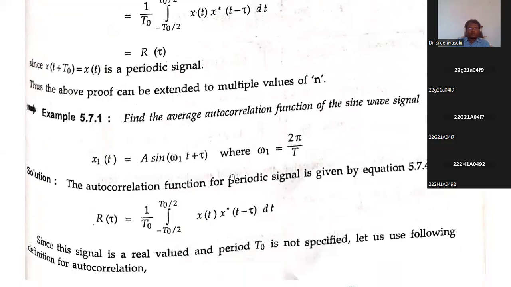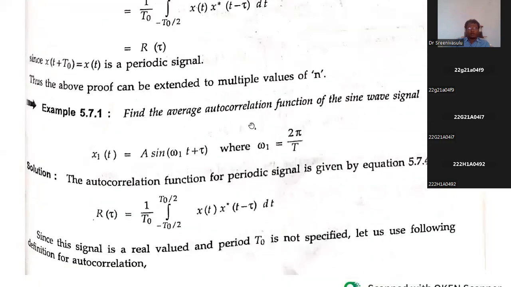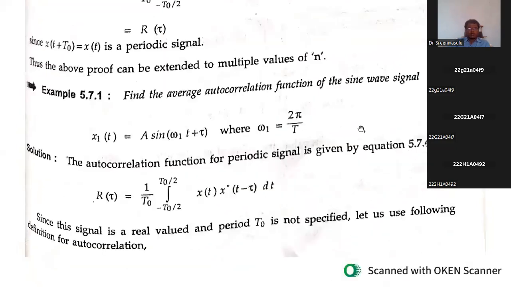Now you see one problem on this, how to prove this one. Find the average autocorrelation function of the sine wave signal. Find the average autocorrelation function for the sine wave signal.